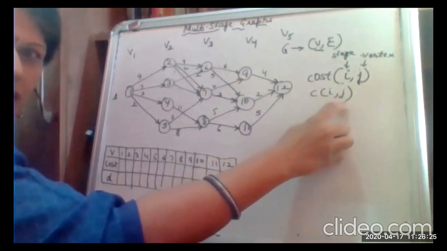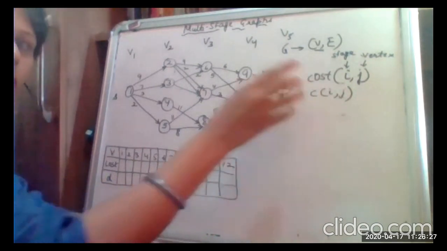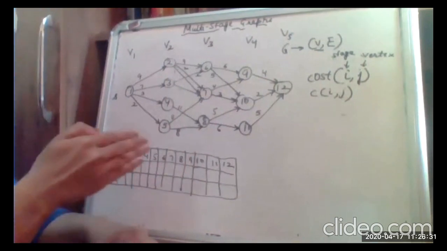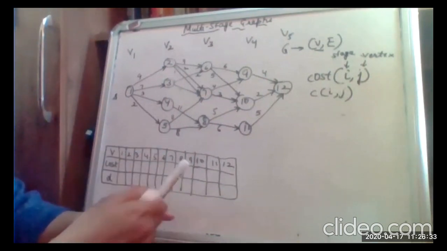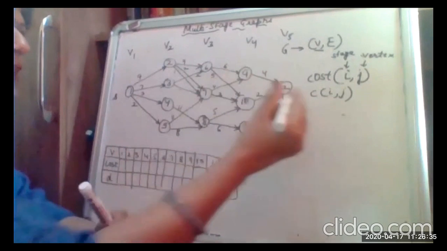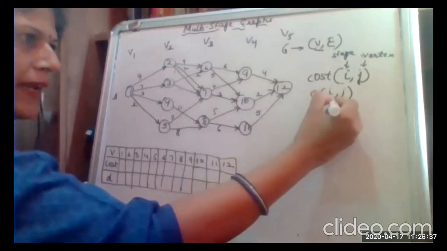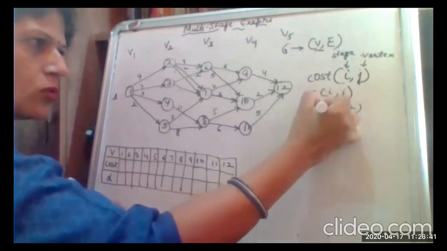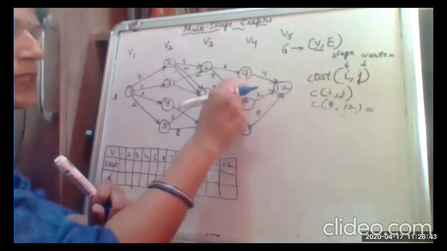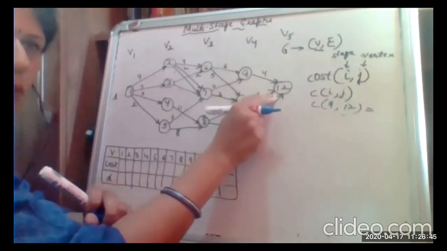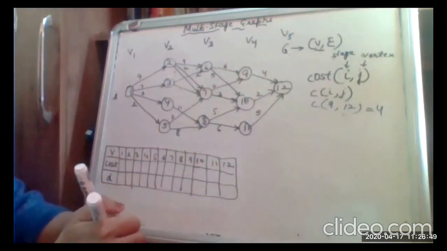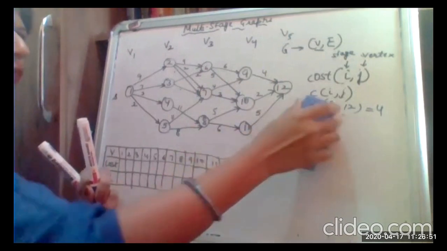Whereas C(i, j) denotes the cost or the weight of the edge (i, j). So if I say i is equal to, let's say, 9 and j is equal to 12, C(9, 12), that is from the 9th to the 12th vertex, is 4. So that is the weight of the edge.